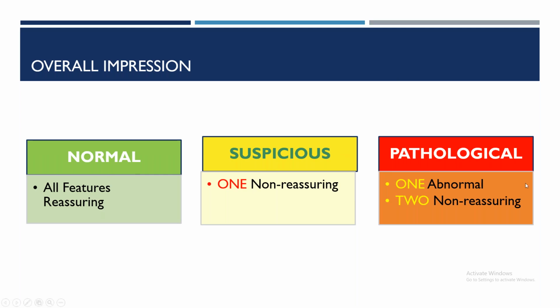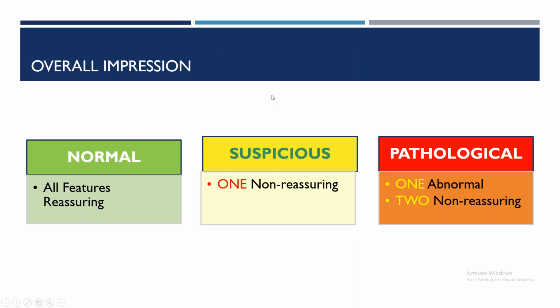Sometimes in the questions they give the CTG and ask whether it is a reassuring CTG, normal CTG, abnormal CTG, non-reassuring CTG, suspicious CTG. So for the whole CTG, you classify it as normal, suspicious, and pathological. And when they ask regarding any single feature, you classify it as reassuring, non-reassuring, and abnormal.